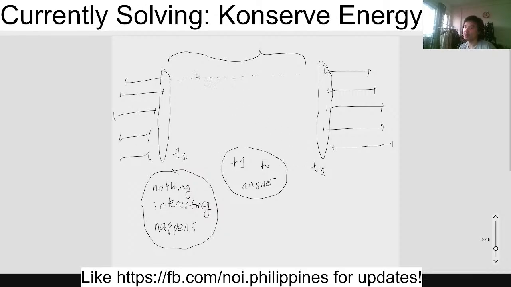Okay, I don't need to check all of the times from T1 to T2 one by one, right? I know that my answer has to increase by T2 minus T1.